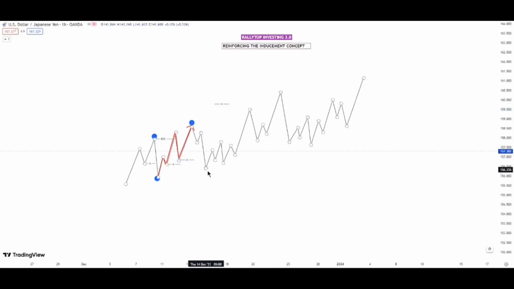Now, for this higher low to be confirmed, it needs to break this major structure high and has to close above it. Very important. It has to close above it. And as you can see, that clearly happened here. So break of structure, then you start from the low.